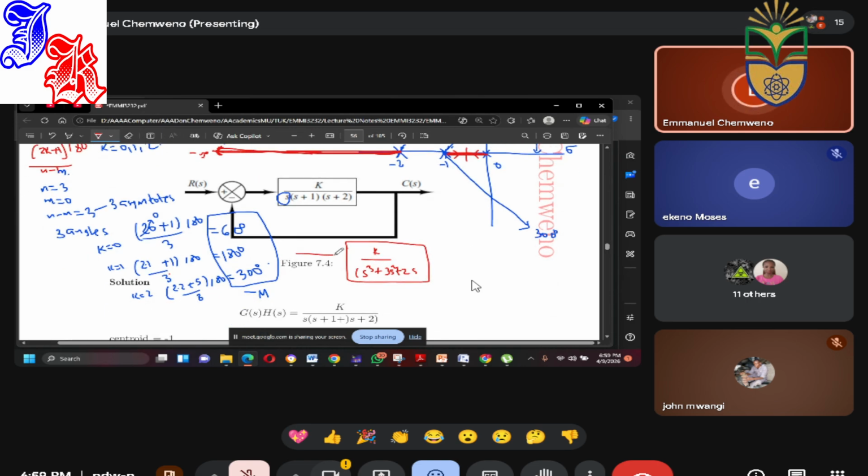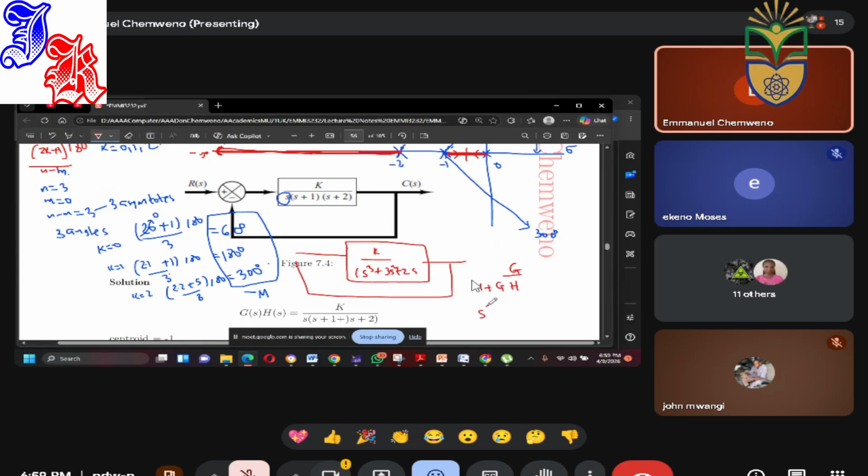And then once I close the loop, it becomes g over 1 plus gh. And by now, we know that if I close the loop, it becomes this over 1 plus this.